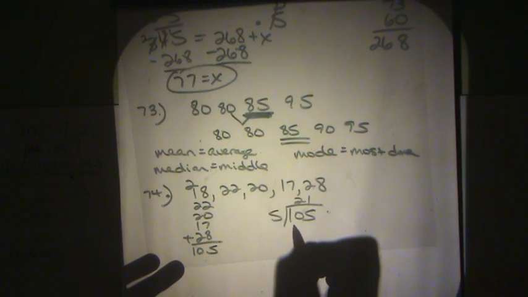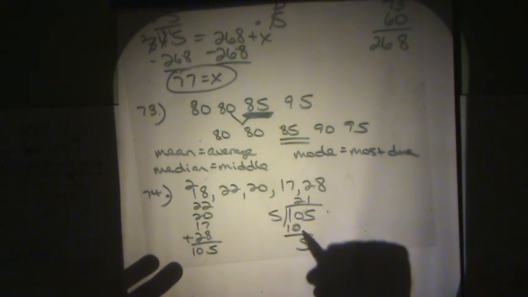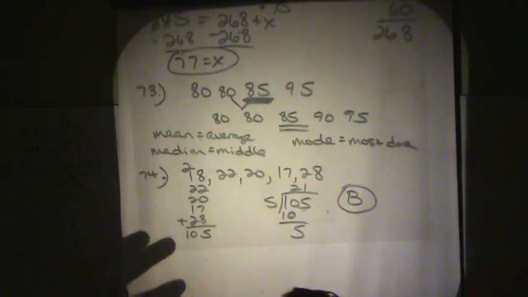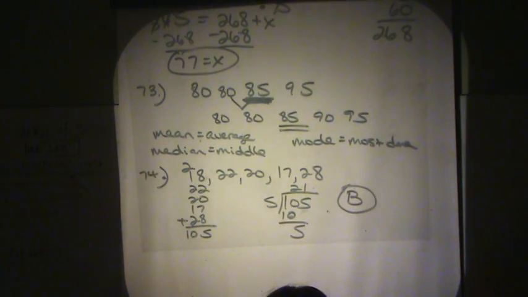Oh, the average is already 21. So if I add 21, it's going to be the same. Okay, if I were adding a number that's higher than 21, it would cause it to go up a little bit, even if it's just a decimal. If I was adding a number less than that, it would go down.